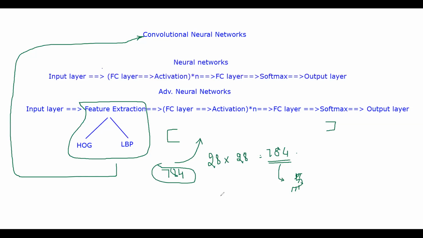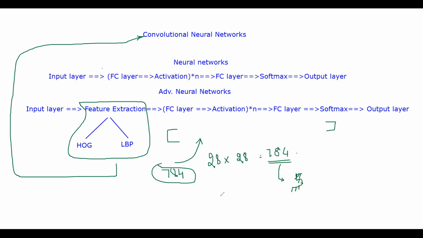But if you see a very small image like the MNIST database, we can see that the time taken to execute a convolutional neural network is comparatively higher than our regular neural network, because of the introduction of feature extraction. But if we take some really big images, then the number of features in a regular neural network will be very, very high.